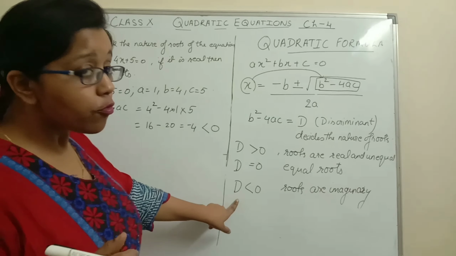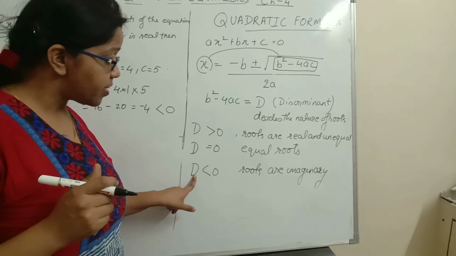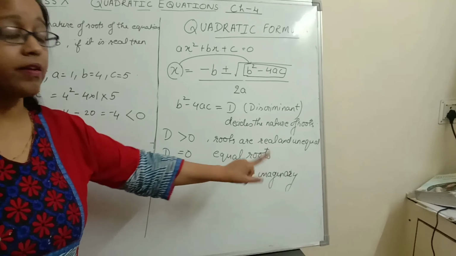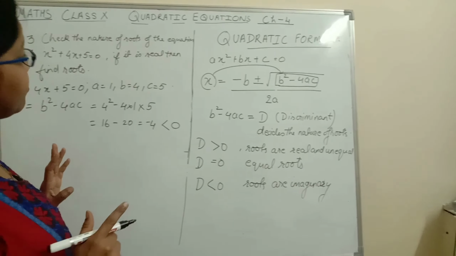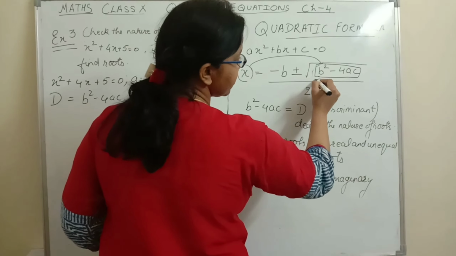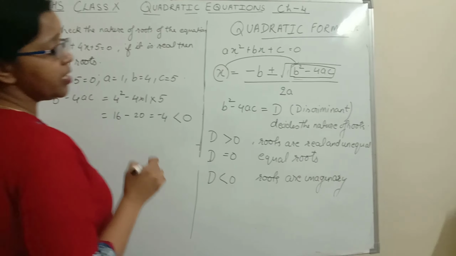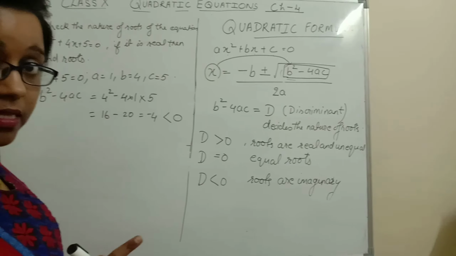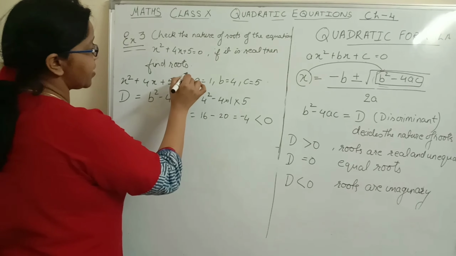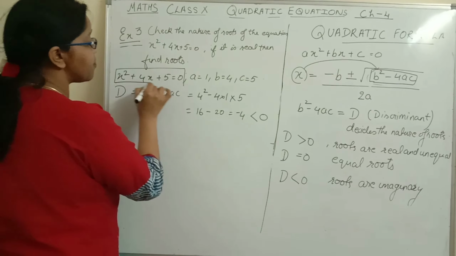So check over here what we had studied. When d is less than 0, it means roots are imaginary. Why are the roots imaginary? Because I had explained to you that if we have a negative number inside the root, then it will not exist. That is why the roots of this quadratic equation are imaginary.